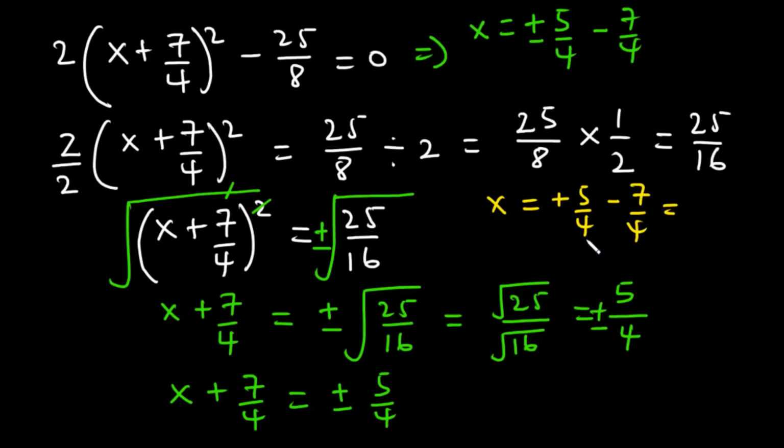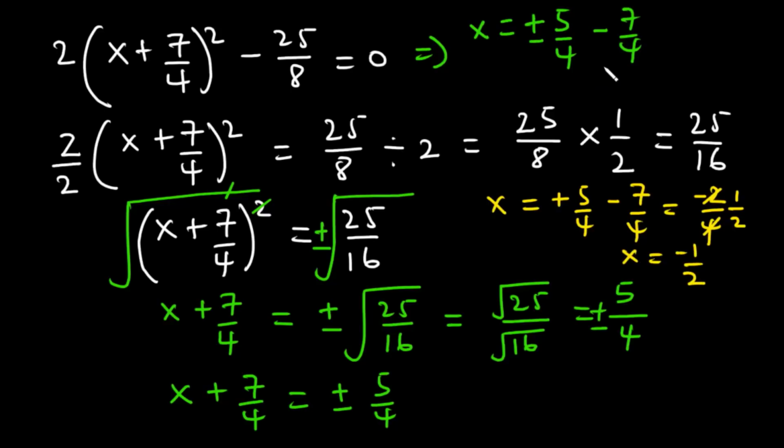Now because they have the same denominators, then we can simplify the numerator. 5 minus 7 is equal to negative 2. So we have negative 2 divided by 4. 2 goes into itself once, and then 2 goes into 4 2 times. So we have x is equal to negative 1 over 2.